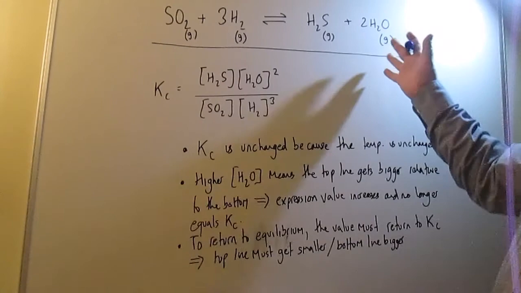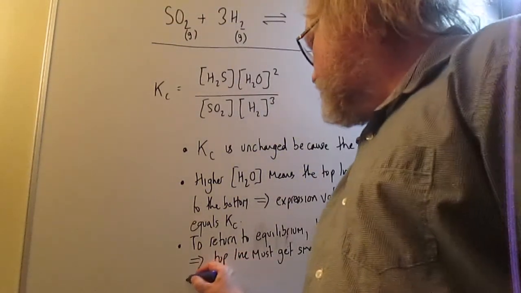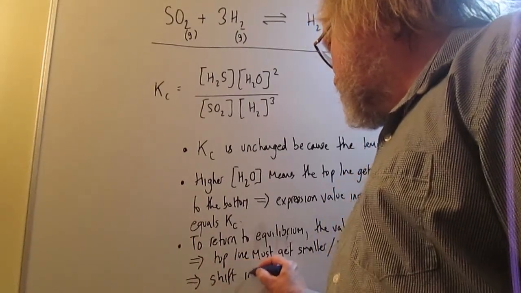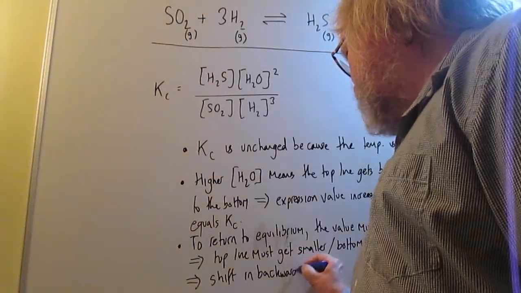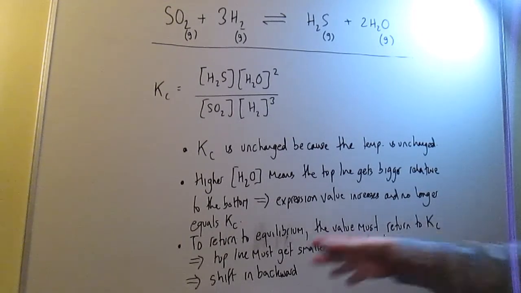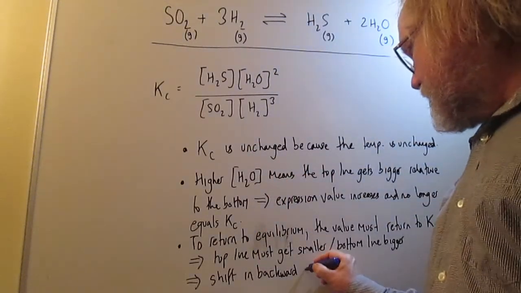Well, the equilibrium will shift in the backward direction. Okay, which means that it will shift in the backward direction, or to the left if you like. If you tend to get left and right mixed up, as I do, it's safer to just say shift in the backward direction or the forward direction, but in this case in the backward direction.